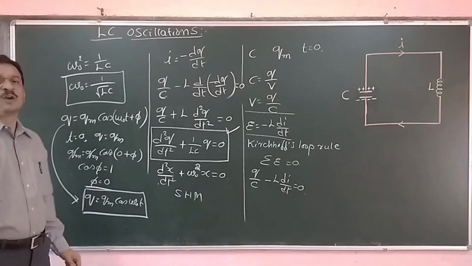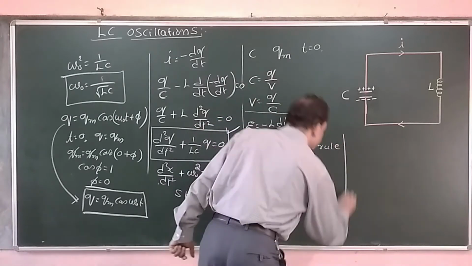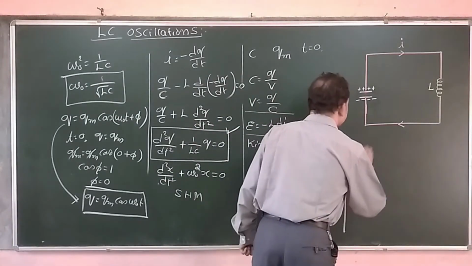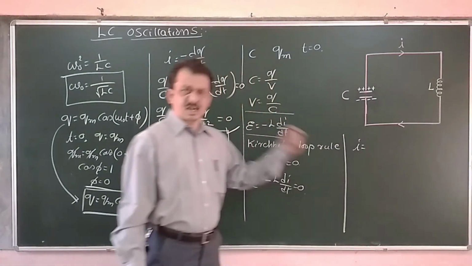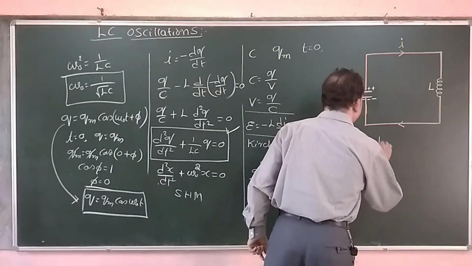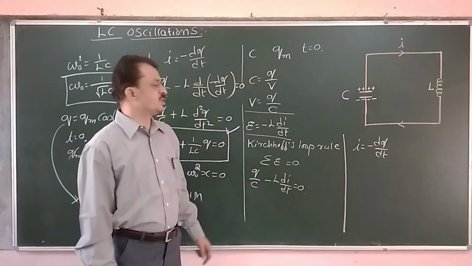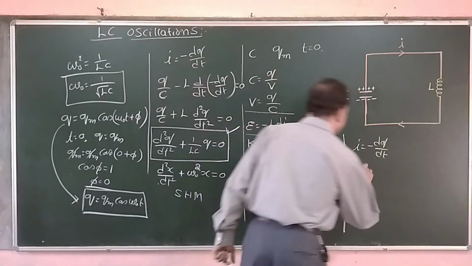From this, how can you work out the current? That I will work out here. Since charge is decreasing, current is increasing, so I have I equal to minus dq by dt, the rate of change of charge, the rate of flow of charge.